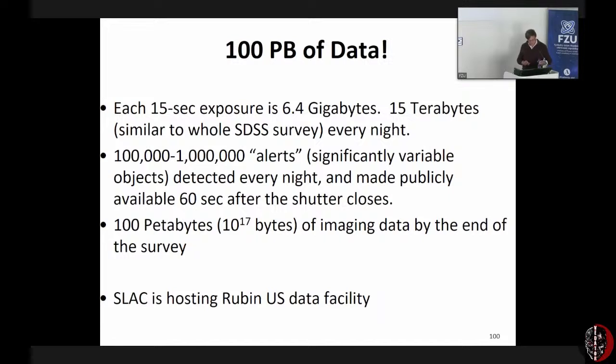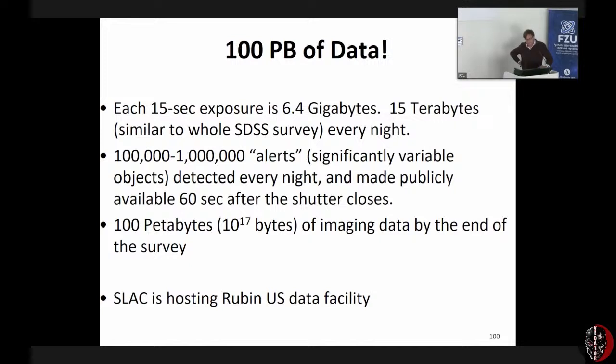Another thing that makes it a little bit similar to a particle detector, again trying to give parallels for people working at CERN at the LHC, is that you need a trigger system, right? There will be 100,000 to 1 million alerts. When you observe something variable, and that's one of the purposes of LSST, to study the variable sky, you actually need to provide this information.